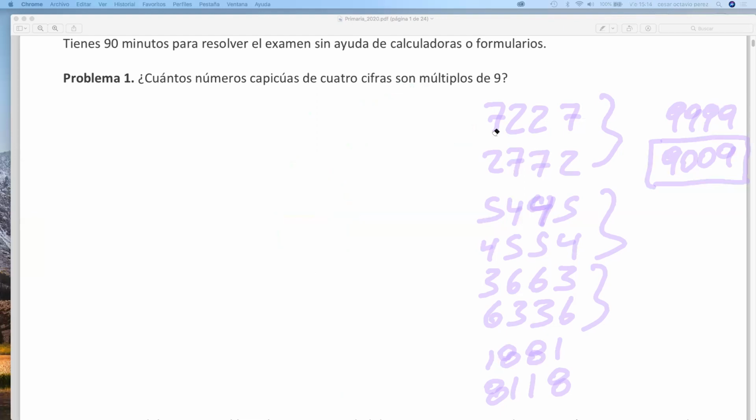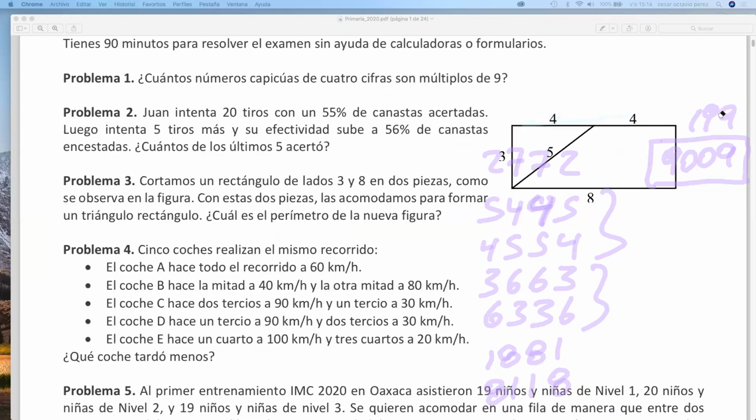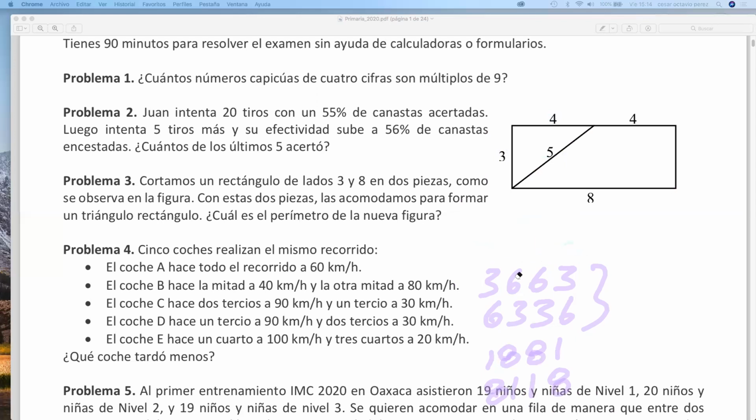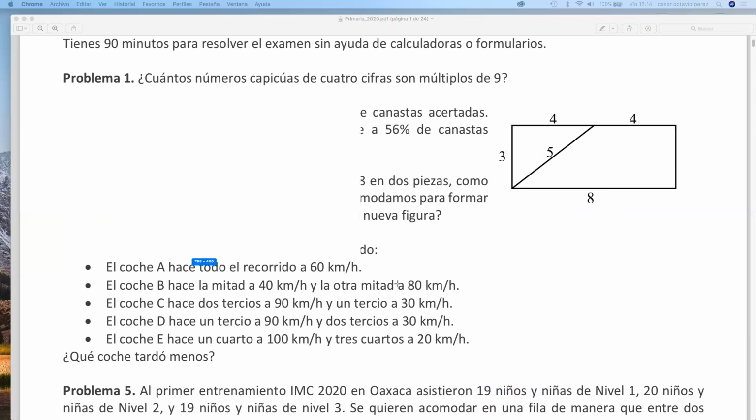This material is used to train the kids that represent Mexico in an international contest. Those are the first problems that they use. Sí, este material se usa en México para entrenar a chicos que van a representar al país en concursos internacionales.